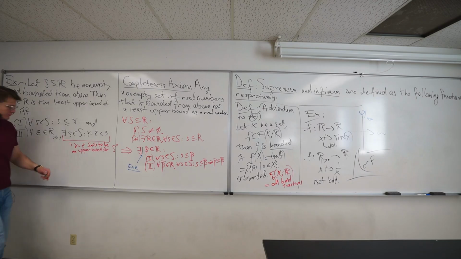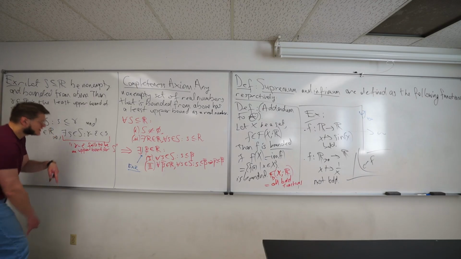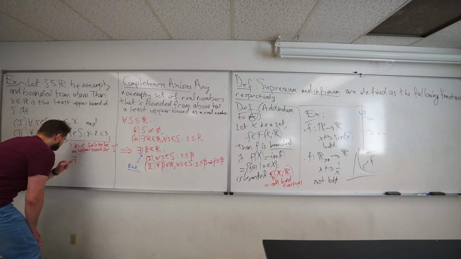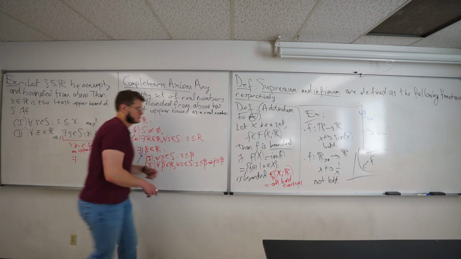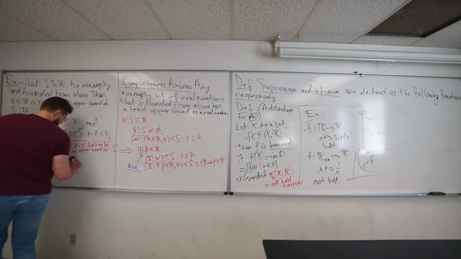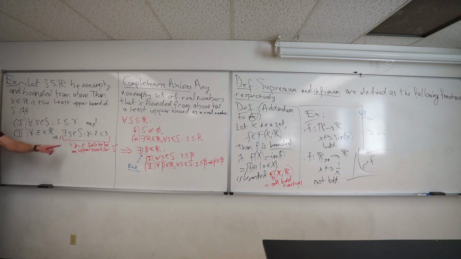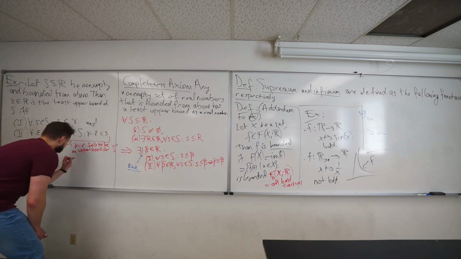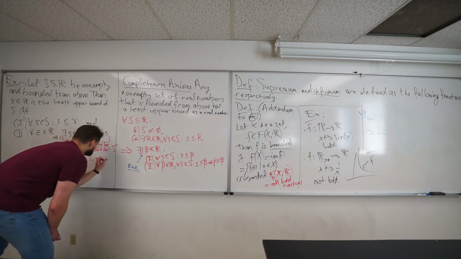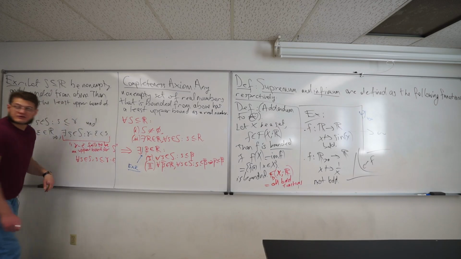In other words, it is not the case that gamma minus epsilon is an upper bound for S. So what is the negation of this? Gamma minus epsilon is an upper bound for S. By our definition, you would write it like so. For any s in S, s is less than or equal to gamma minus epsilon.